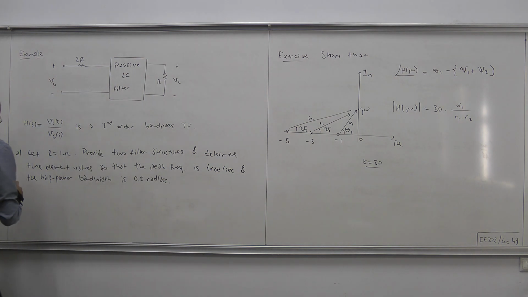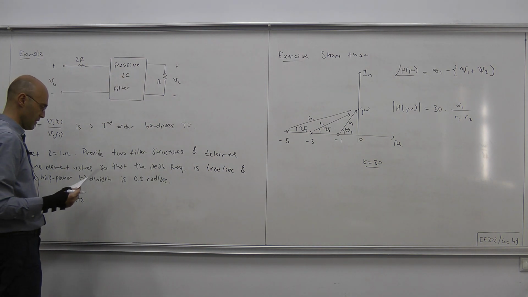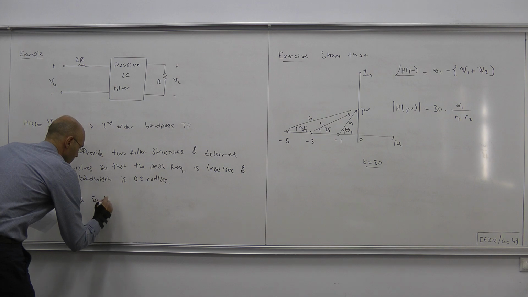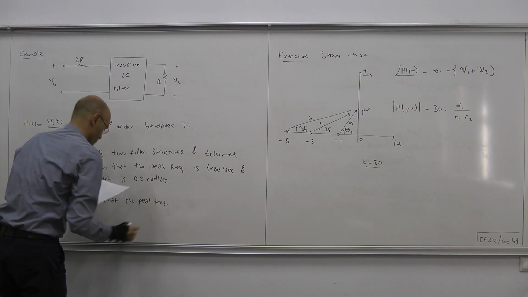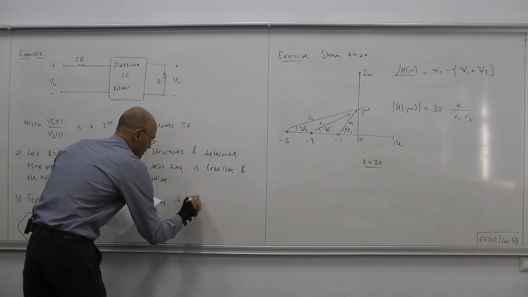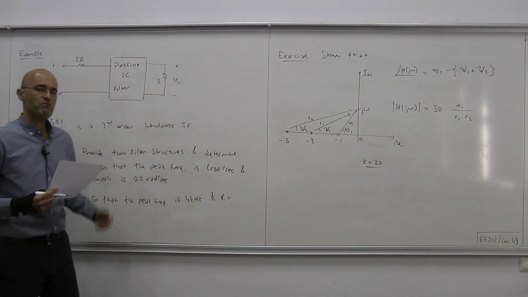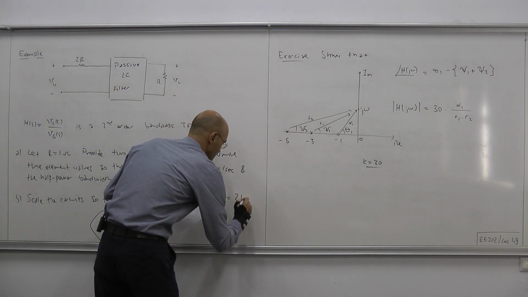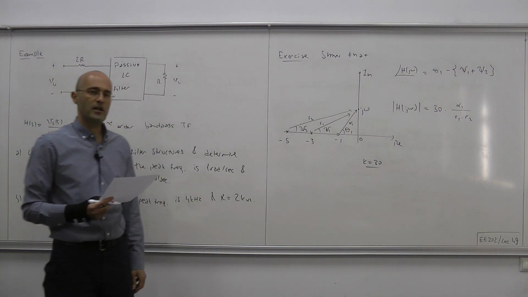And then B, scale the circuits by magnitude and frequency scaling if necessary, so that the new peak frequency is at 4 kilohertz and the resistance value R is now 2 kilo ohms instead of 1 ohm. So we carry the resistance value to a more realistic range.